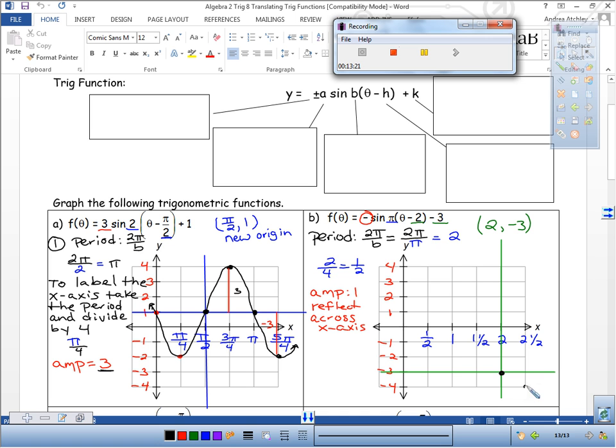So we're going to go down here first. We can't go up there, so we'll have to go backwards. So from here, this would go up to the positive amplitude, down to 0, down to the negative, back up to 0. Any questions over that? And then this would be my new transformed sine curve.